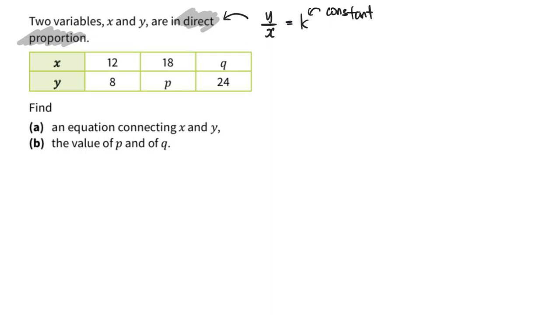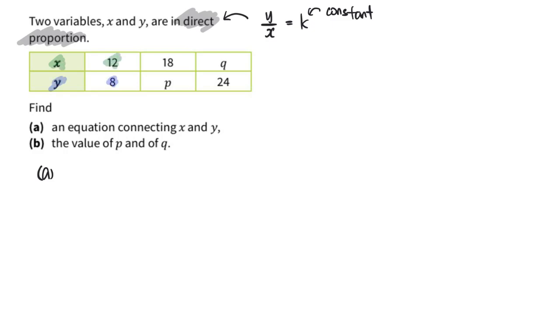Okay? And therefore, for part A, find an equation connecting x and y. I'm going to rely on this set of values, my x and my y.